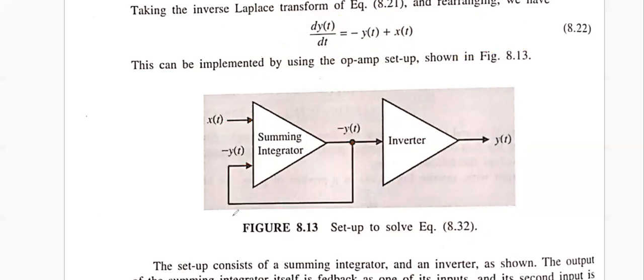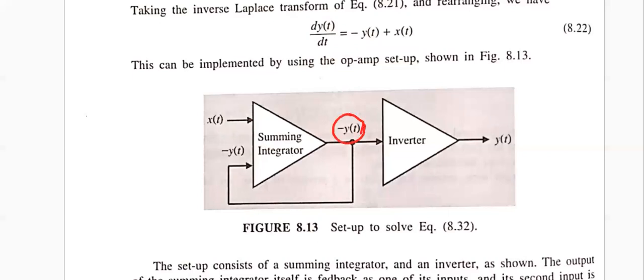So this is very logical. Don't wonder where the input signal is. You are giving the x(t), and the feedback comes from here, minus y(t). They are adding together, so summing. There is a summing circuit, and afterwards they are integrating, and this is the output.